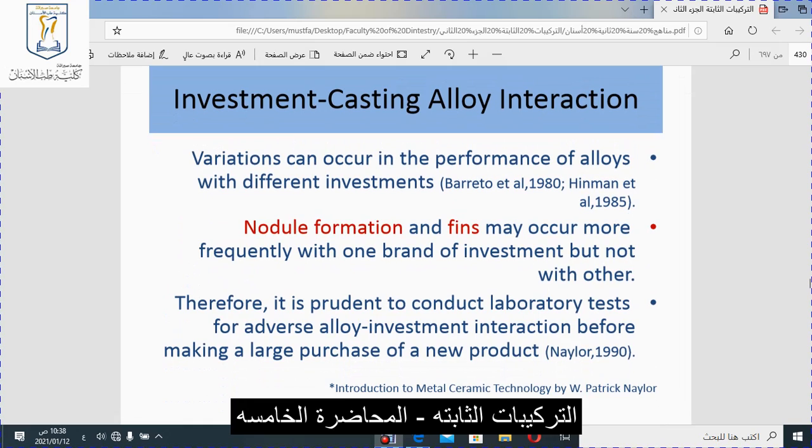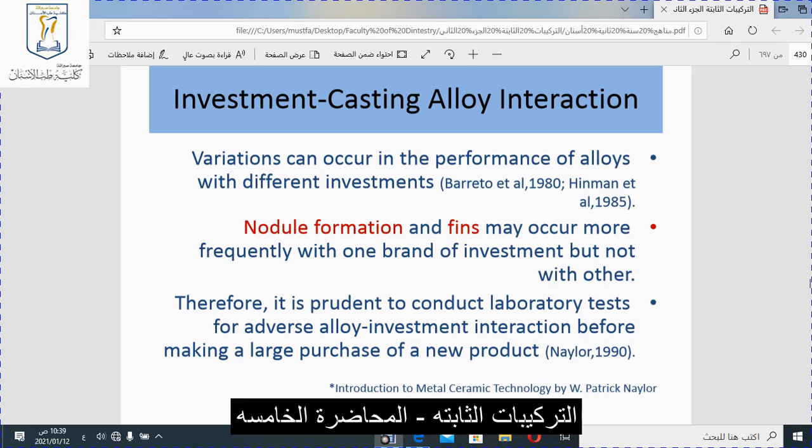If it reproduces nodule or fin formation, we have to cancel this type of investment and take another variety, or we have to know how to compensate this defect and prevent formation of nodules and fins. As we told you, gypsum bonded investment, when it stands high temperature, will crack, and cracking investment will produce fins.